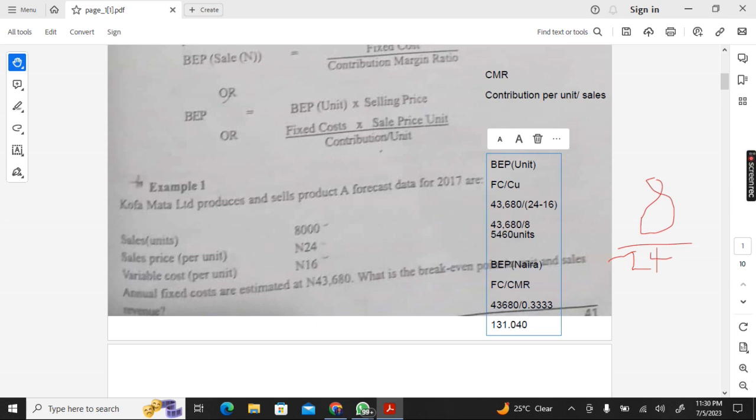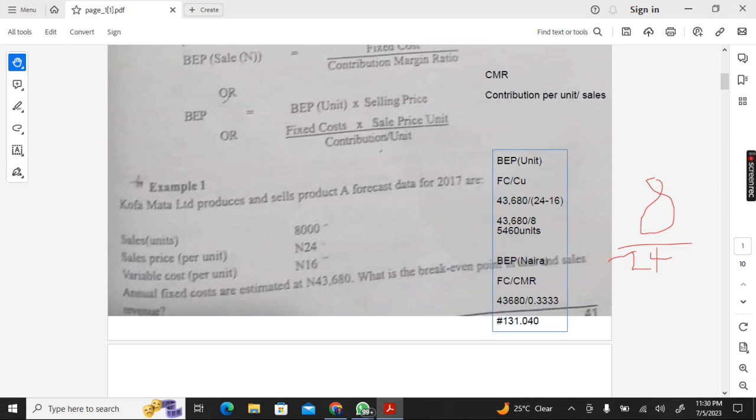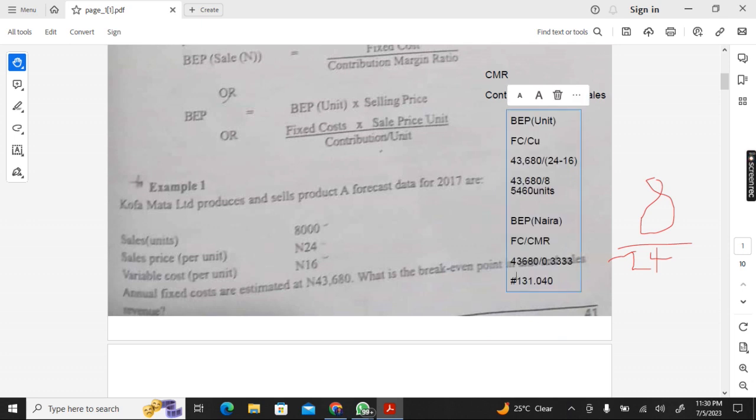This one will be in naira now because we are calculating in sales. This is how we can use it. Do you understand that, ma'am?